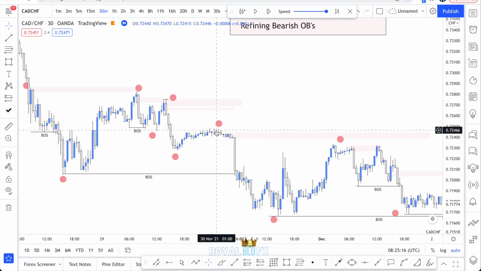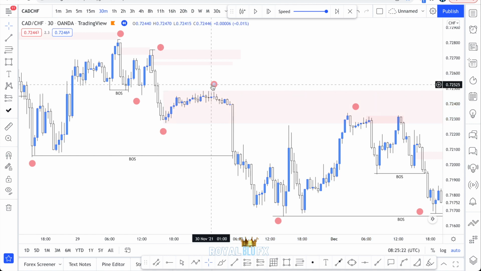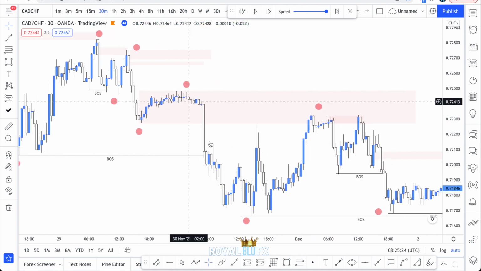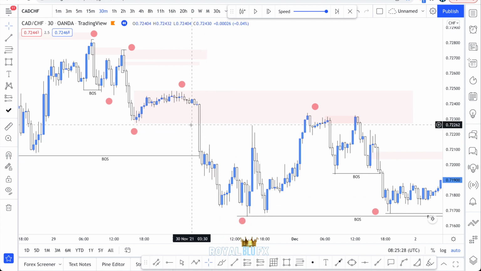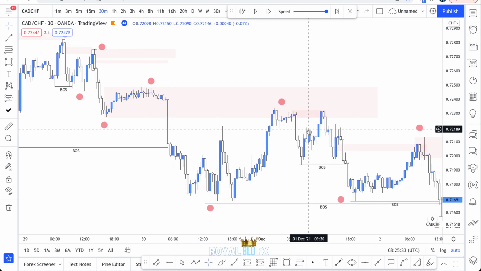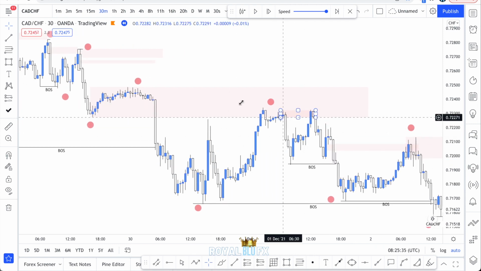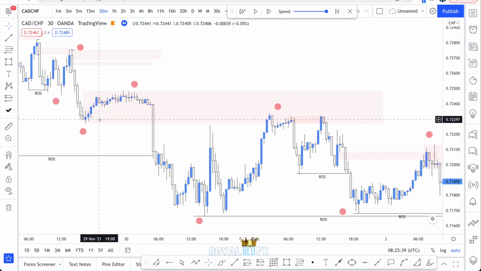But I know for a fact that this would be a safer area for us to look for sells, because when price is eventually breaking structure, we want the best possible chance to enter this next market, okay? A lot of the times as traders, we don't want to miss the opportunity to sell or to enter a trade. So we would have two options.